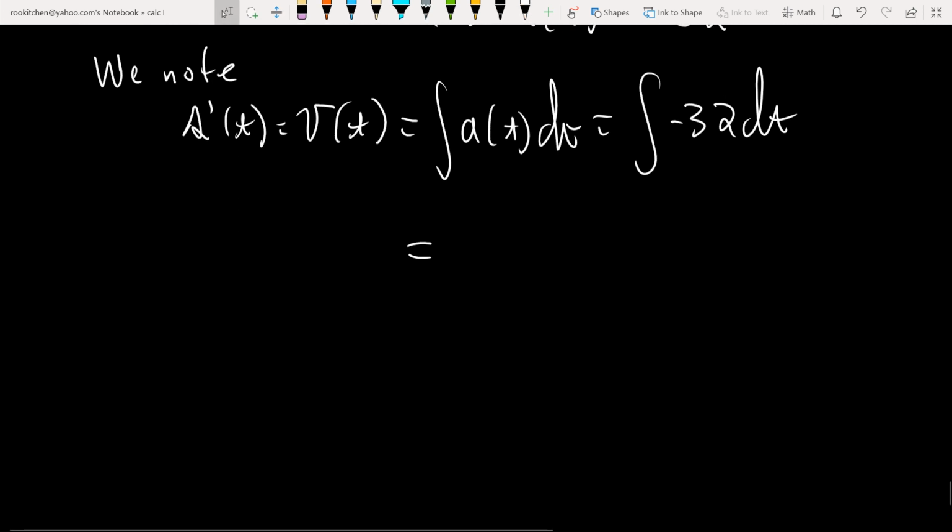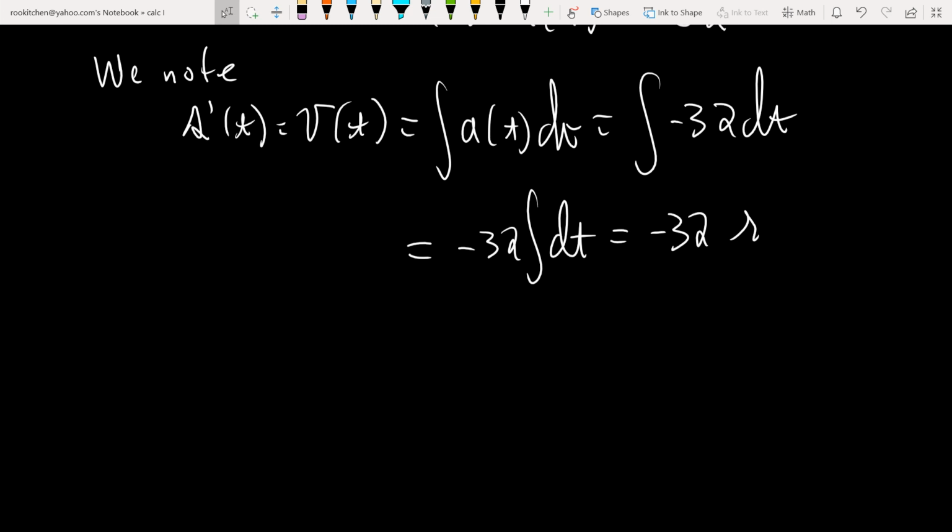So the integral of negative 32, you can factor out the negative 32 if you want, and then the integral of 1 dt is just t, and then plus c.